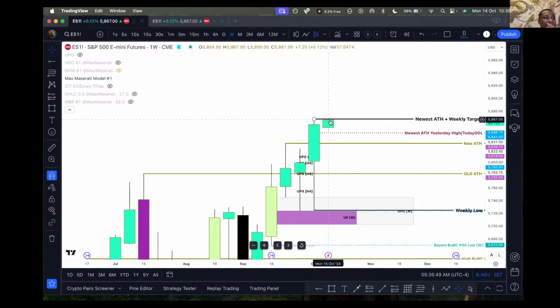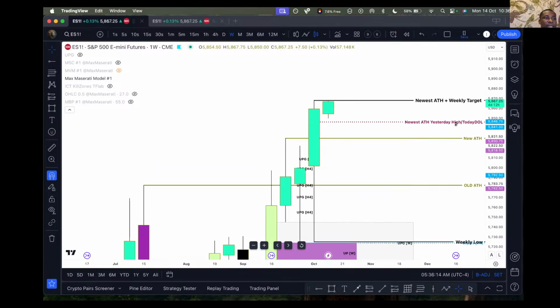to resist and try to push price down, because they need to take profit. Or if the buyers are strong enough, new buyers will come in and push price even higher. But as you can see, this candle is very strong and didn't really retrace back inside the weekly candle.